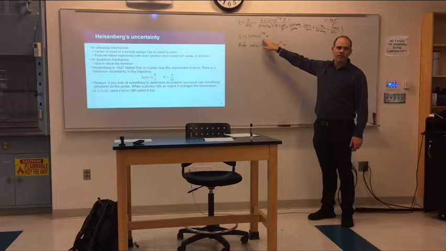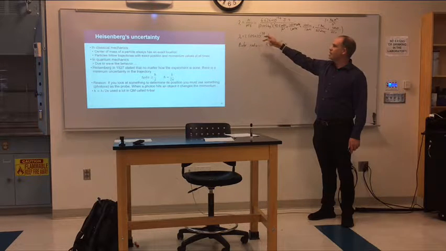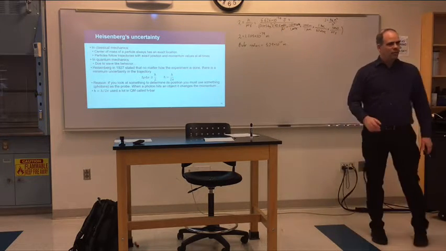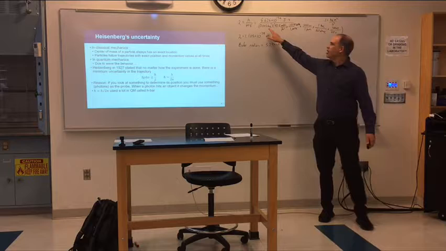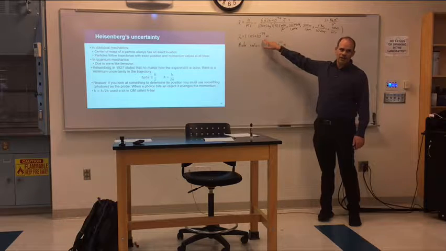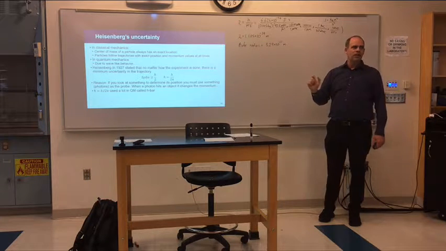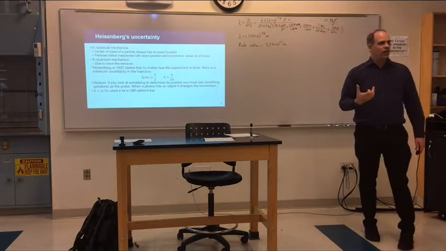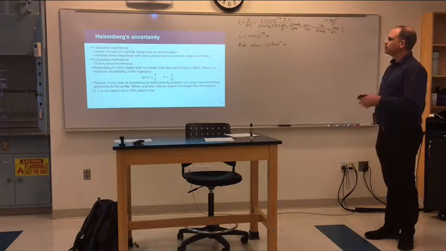The scale of the wavelength is similar to the size of the object, and so the wave-like behavior starts to matter. So as long as you're talking about stuff that's in the kilogram-ish range, even a hundredth of a kilogram is still going to give you a negligible wavelength. But once you're talking atomic, like an individual atom or an individual electron, the wavelength starts to matter and you start having wave-like behavior.